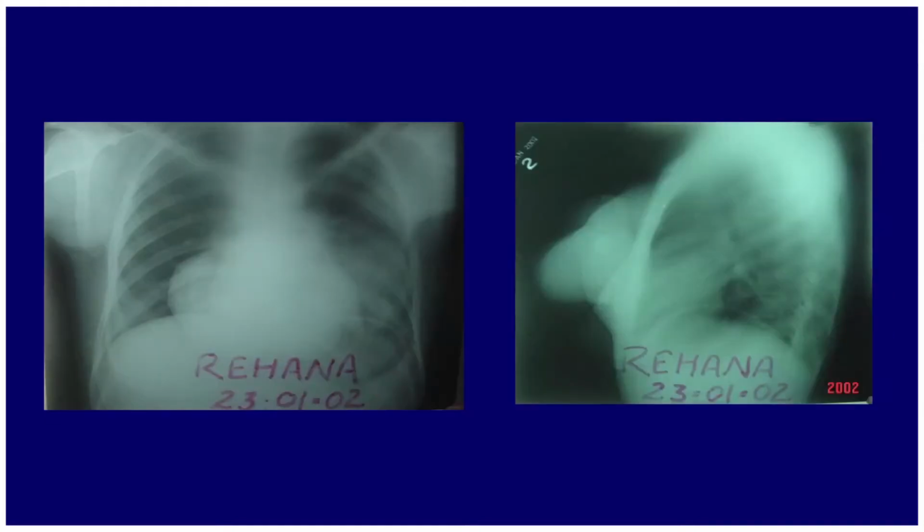Now, there is another lady which you find in the chest X-ray PA view, there is some shadow in the lower zones, very doubtful shadows. And then when we examine this, even in lateral view, you find that this shadow is coming in front of the sternum and it is entirely placed.